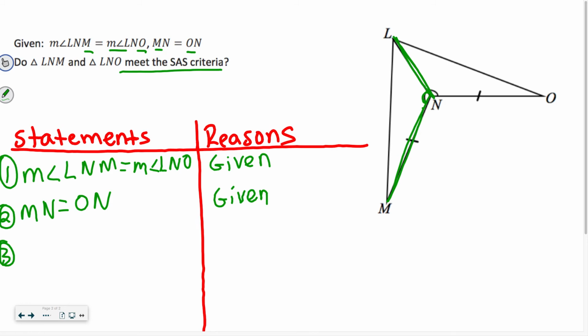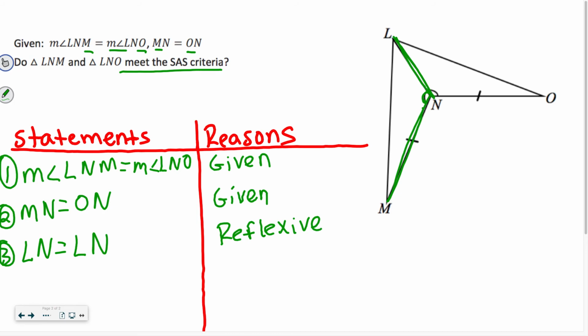So LN is equal to, guess what? Yes, it is equal to LN. And why is that true? Well, that is true by the reflexive property. And we spoke about the reflexive property before.